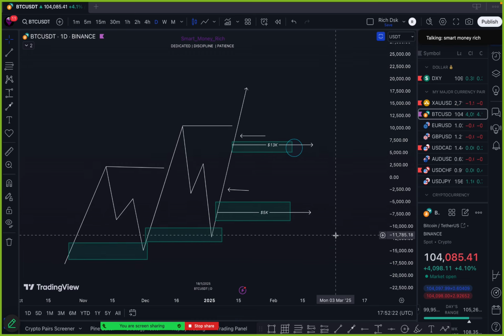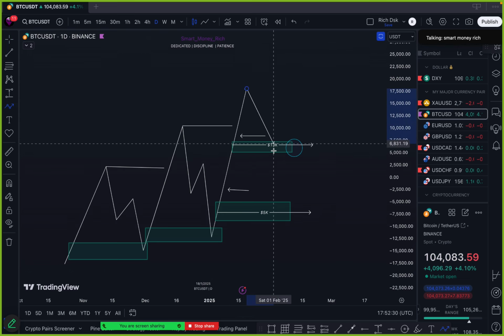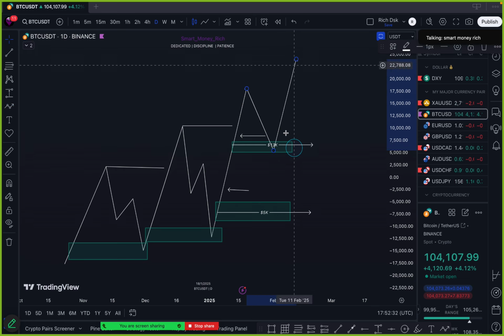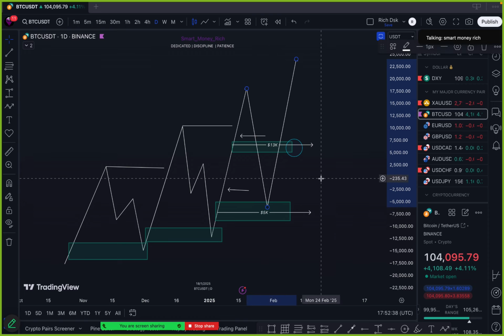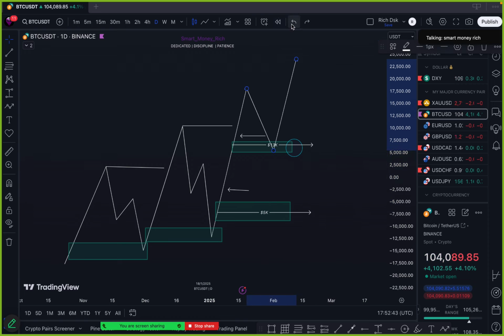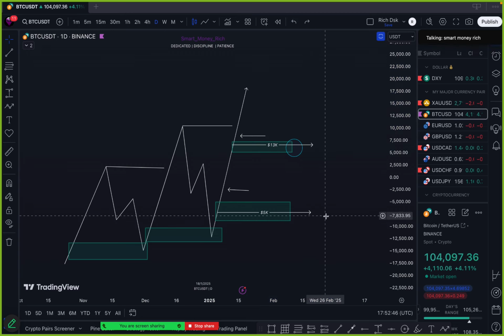Now you as a trader, if you want to buy, should you be buying something for 13K when you can simply wait and buy that same thing for 5K? So which one is cheaper for you as a trader?